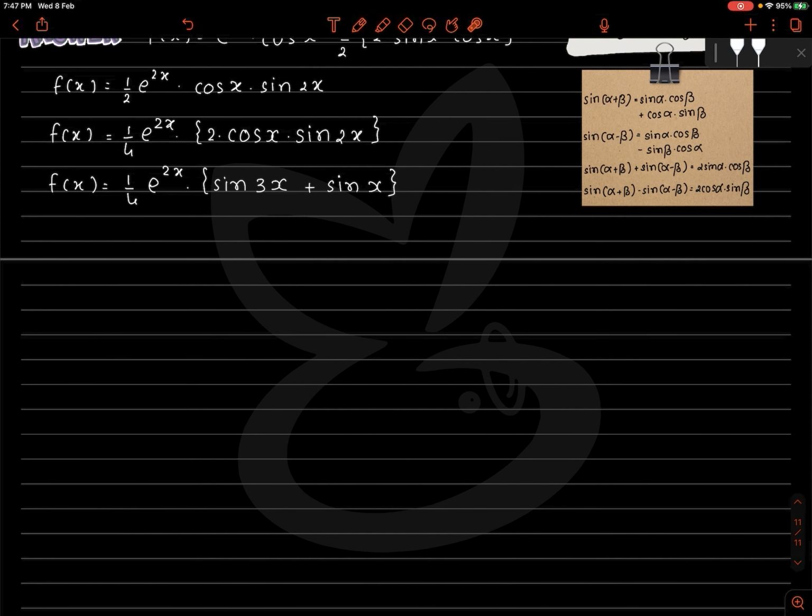Now we will multiply e raised to 2x inside the bracket. Still we are getting the standard form. So the final answer we can deduce from this form. We will get f of x is equal to 1/4 into e raised to 2x into sin 3x plus 1/4 of e raised to 2x into sin x.